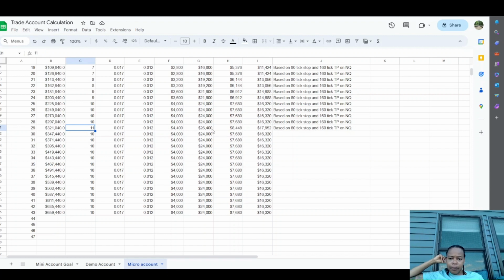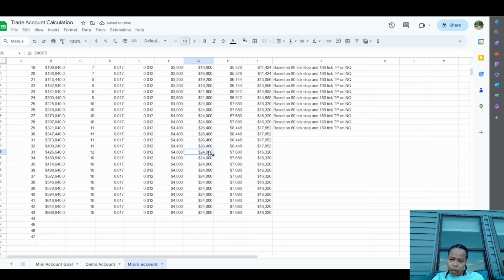Right. 11. And maybe 12 here. So 26.4 up to about there.